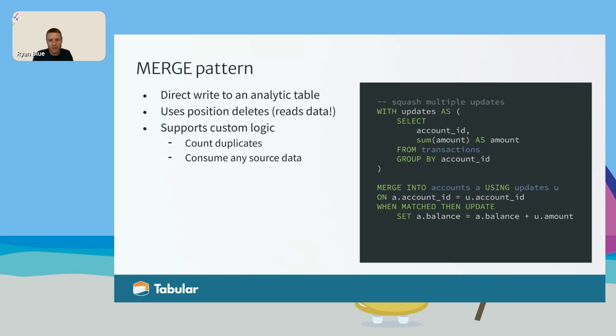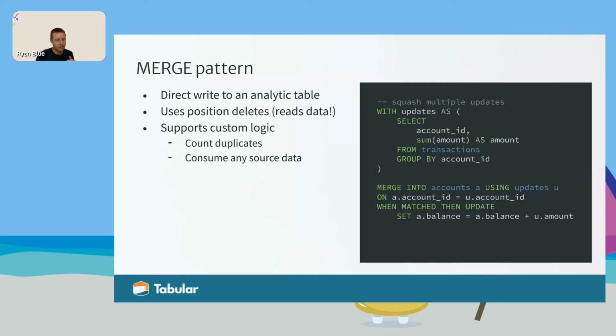The nice thing about this is it supports custom logic. We can also count the number of times a row was updated. Even if we lose the updates themselves, we can at least count the number of updates and know in a given batch whether we have lost any history. You can consume any data source with this. It doesn't just have to be UPSERT. And the nice thing is this is using position deletes.